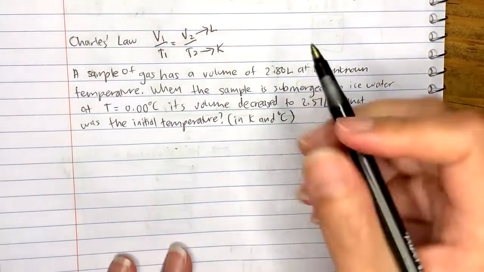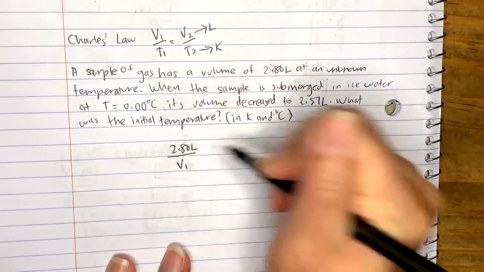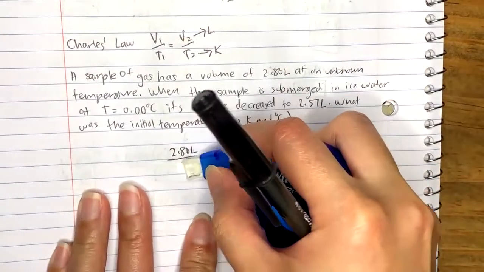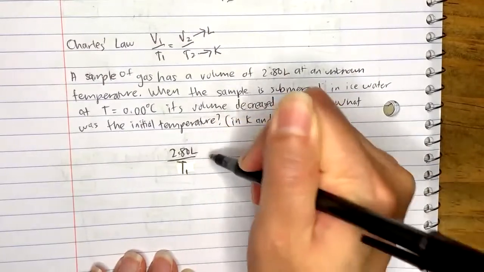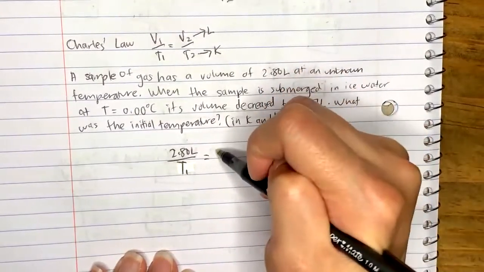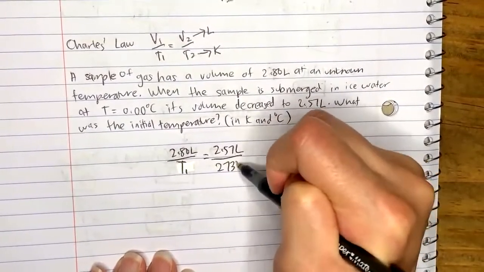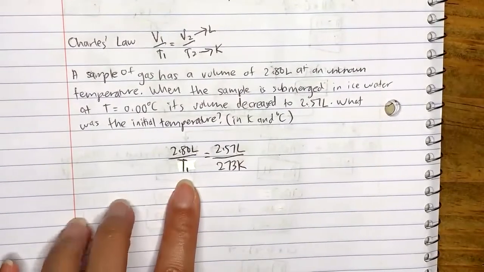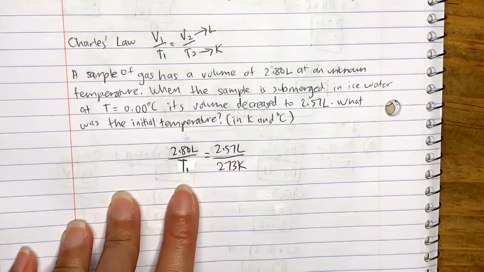Okay, so I'm going to go ahead and write it out. So 2.80 liters over T, we don't know what the initial temperature is, and then we have 2.57 liters over 273 Kelvin. Okay, so then you solve for T1. How do you do T1?